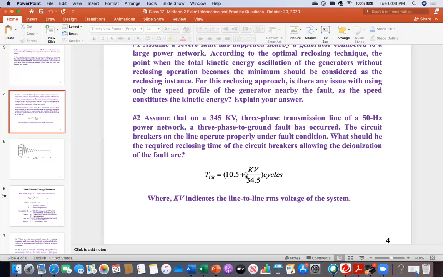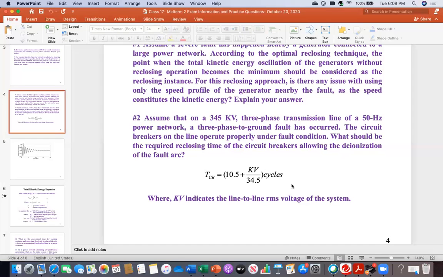So 20.5 cycles. This means a fault arc will be deionized after that time, after 20.5 cycles. Then convert that cycle into time with respect to 50 Hertz. Did you all get the same number, 0.41?